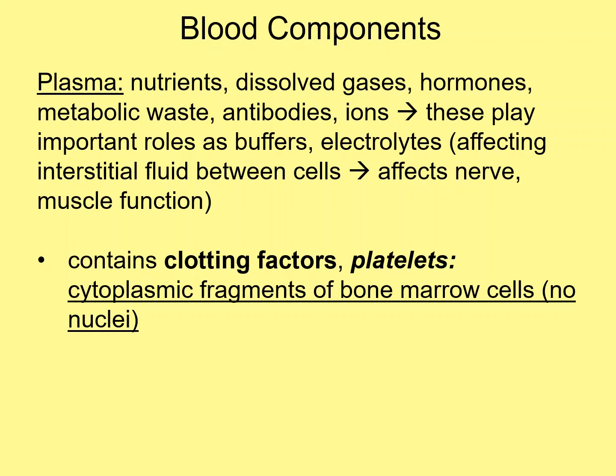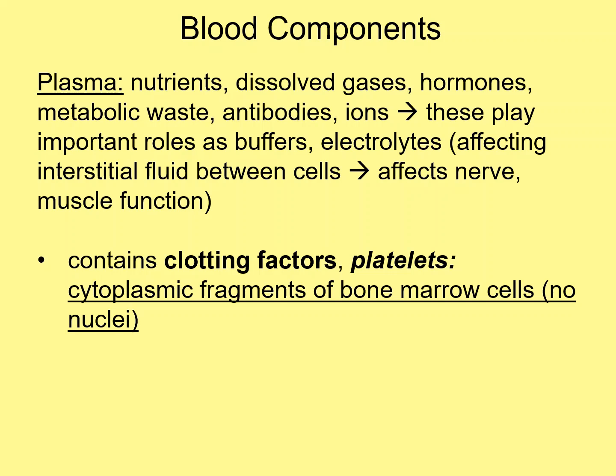Also floating around in your blood, of course, are platelets. So platelets are fragments of cytoplasm of bone marrow cells. So these are the cells that are in charge of making red blood cells, our erythrocytes, as well as our leukocytes. So these are essentially fragments of those cells that are floating around in your blood.